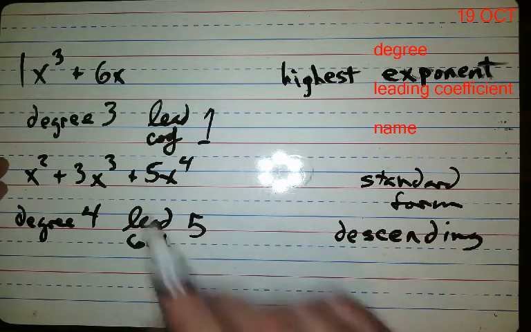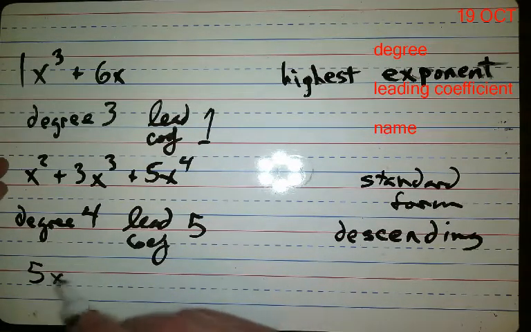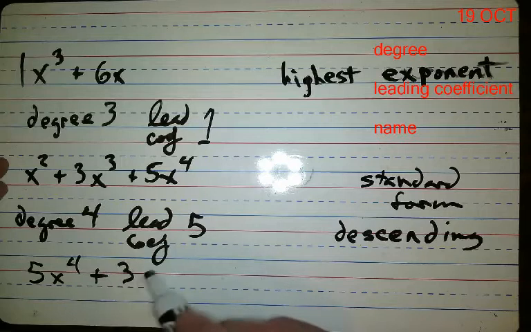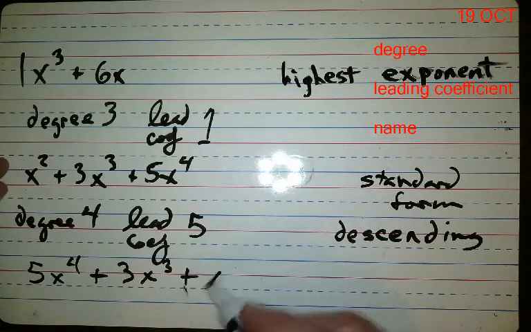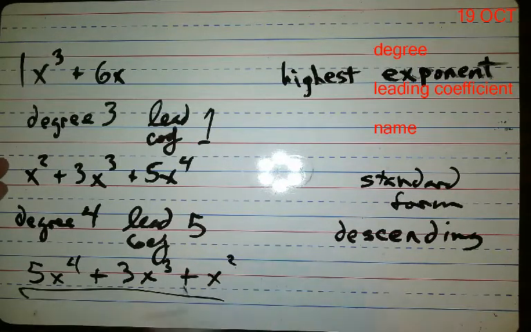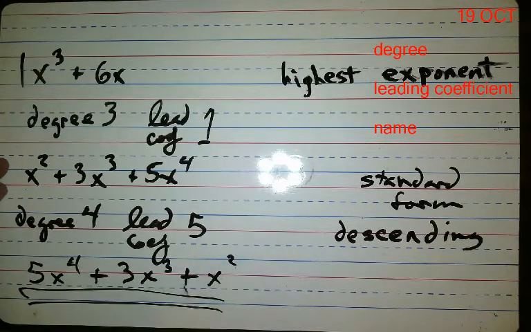And that means you start with the highest exponent, 5x to the fourth, 3x to the third, and then plus x squared. This is standard form. And the leading coefficient is still 5, and the degree is still 4. We didn't change anything in the problem. We just put it in the right order.